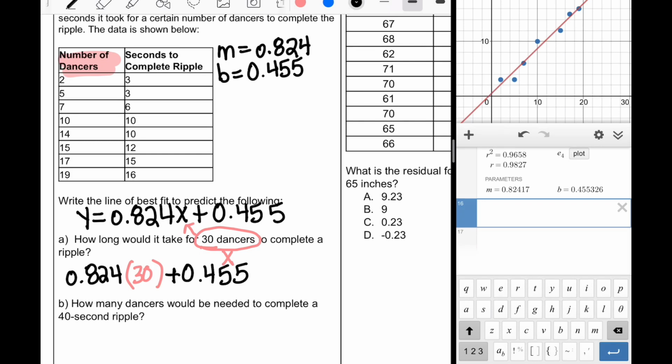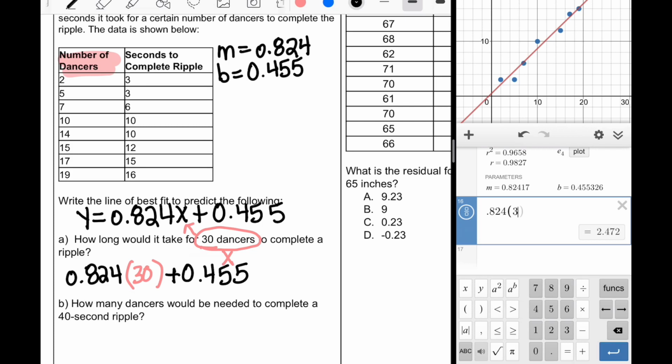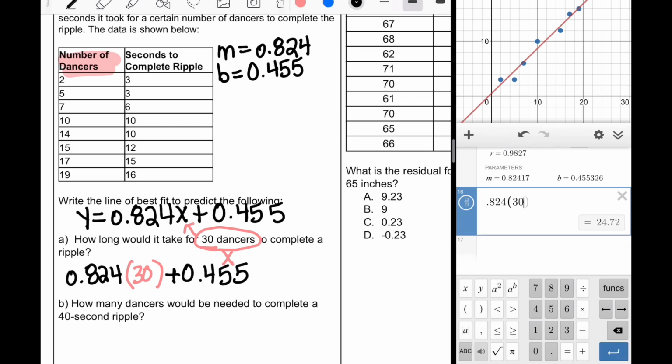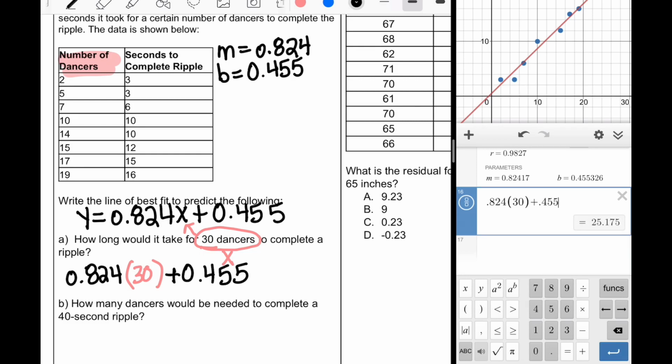So I'm going to calculate that value. And I got that it's going to take approximately 25.2 seconds to complete that ripple.